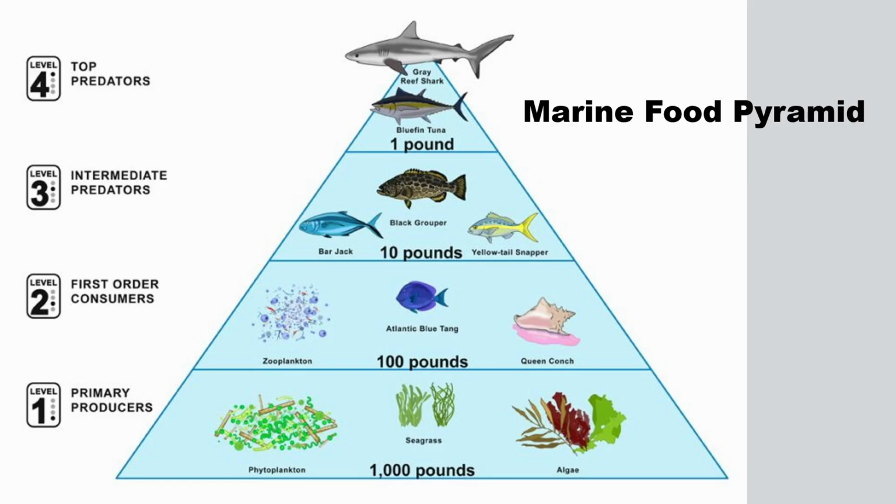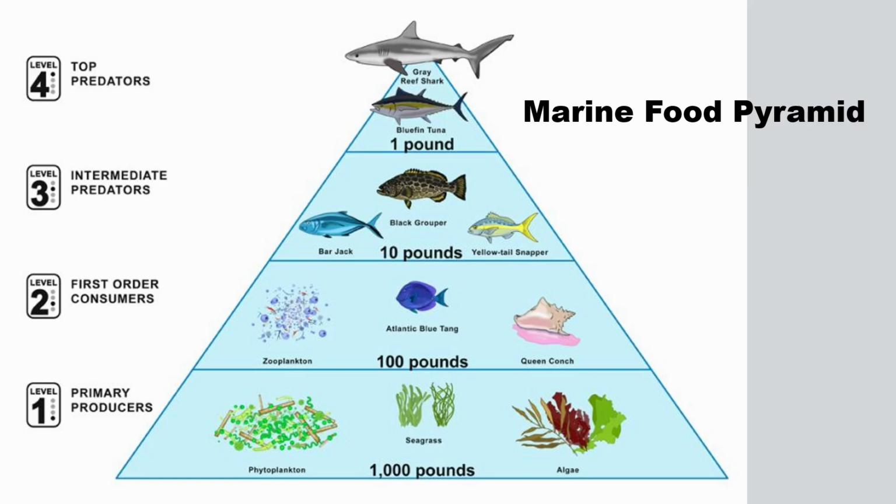Only about 10 pounds of organisms can exist at this level, again because the energy is decreasing as we go higher. Finally, at the top of the pyramid, we can see the top predators, the grey reef shark and the bluefin tuna. These are the fourth trophic level, and only 1 pound of biomass of these animals can be supported here, which means that we need a huge amount of producers at the bottom to support just a few predators at the top.